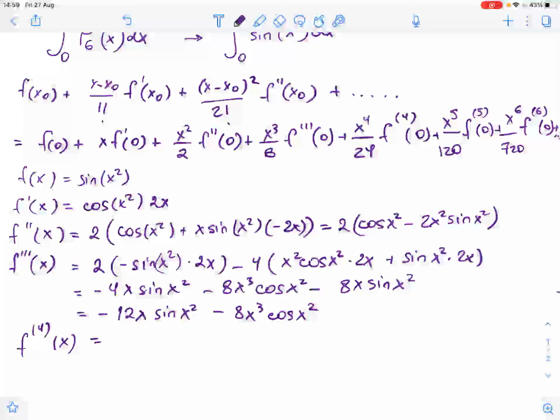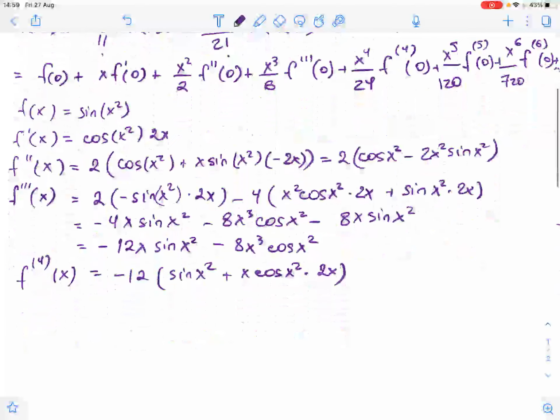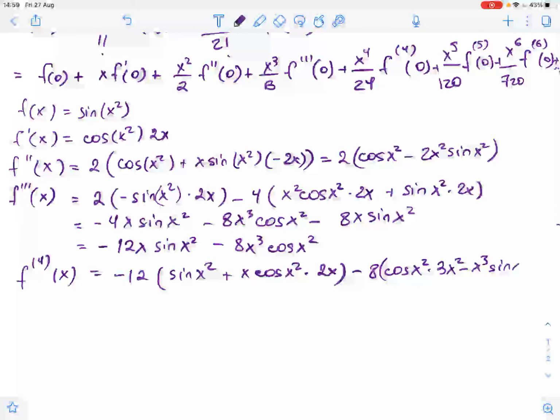Well, now let's find the fourth order derivative of f of x. It equals negative 12 times sine of x squared plus x times cosine of x squared times 2x minus 8 times cosine of x squared times 3x squared minus x cubed times sine of x squared times 2x.